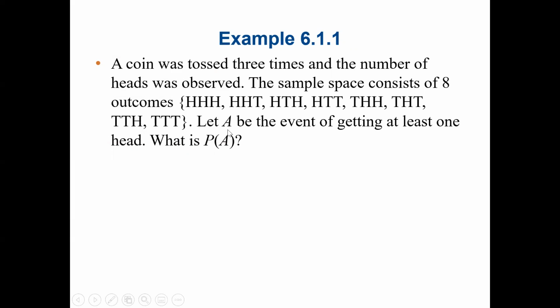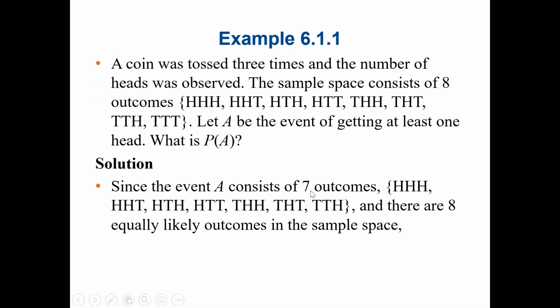Now the question says, let A be the event of getting at least 1 head. What is the probability of A? Here we can see that the number of outcomes in A will be 7. Why? Because there's only one outcome where everything is a tail, TTT.